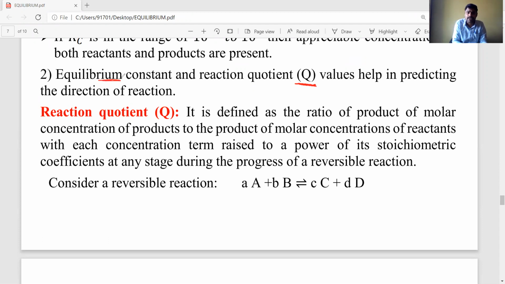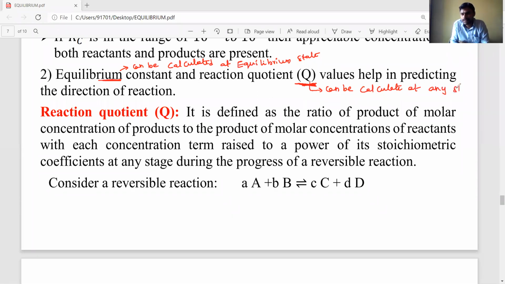The equilibrium constant can be calculated at the equilibrium state, but Q can be calculated at any stage of the reaction. But the definitions of both K and Q are the same.